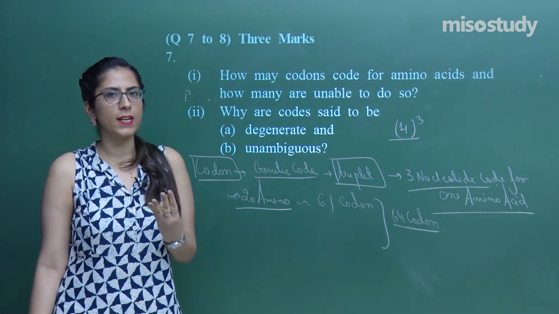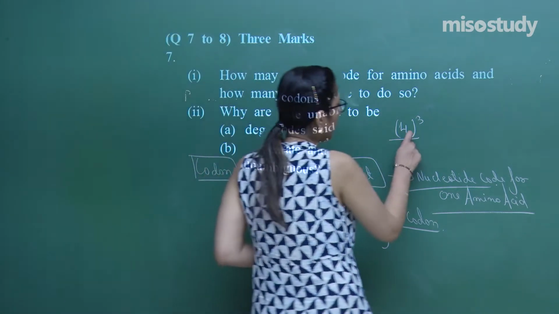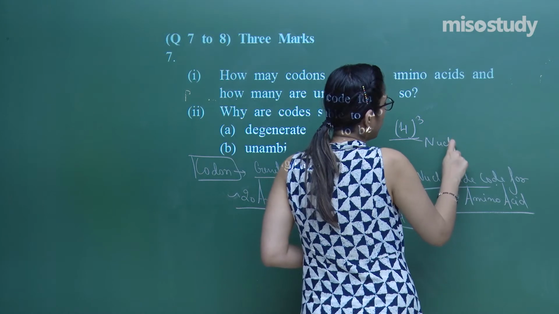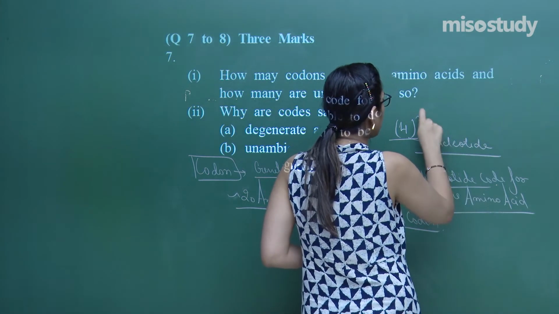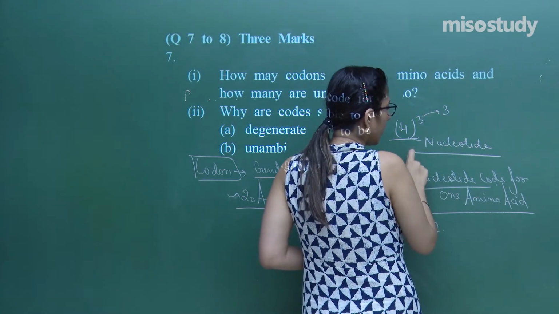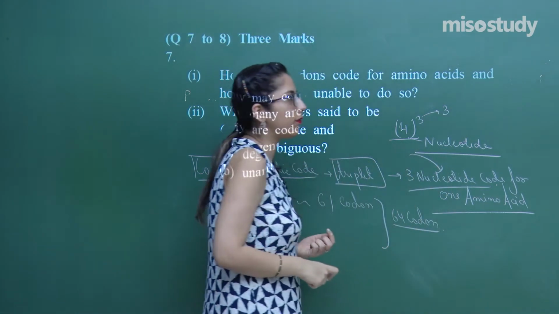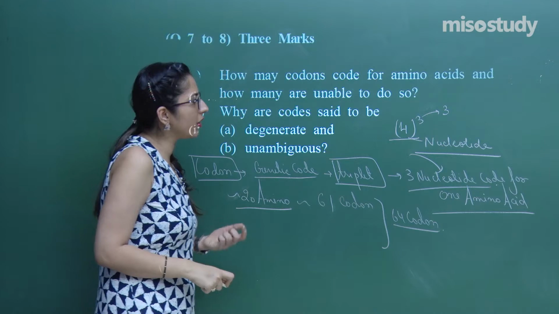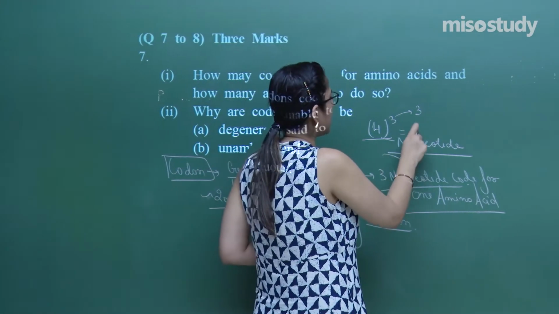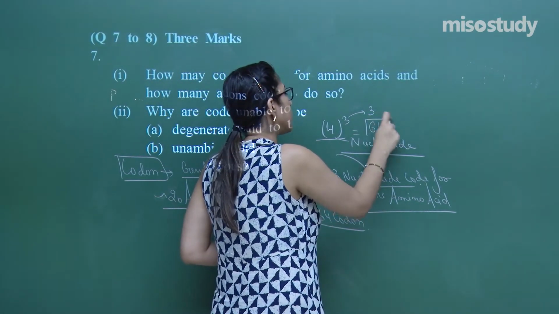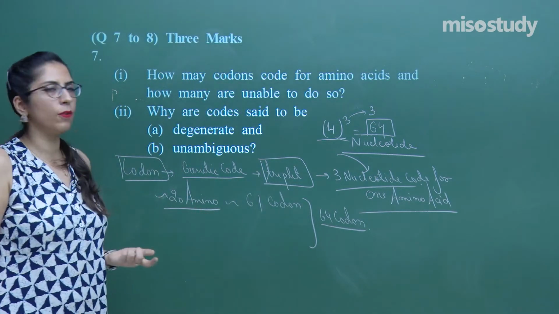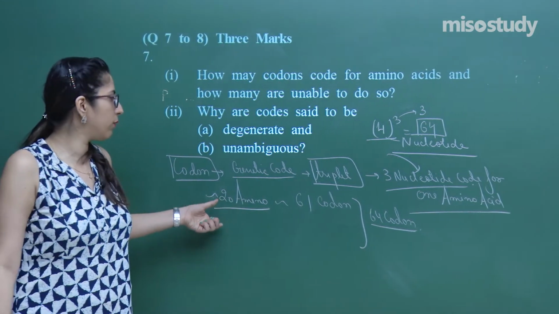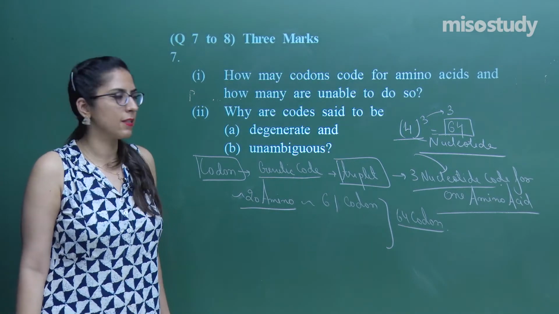4 different nucleotides that we know today, right? They form a DNA structure, and the power is 3 because 3 nucleotides code for 1 amino acid. So when we calculate this, it comes out to be 64. So overall 64 codons are there, and out of these 64 codons, only 61 code for 20 amino acids.